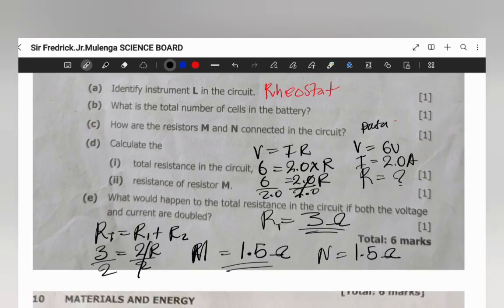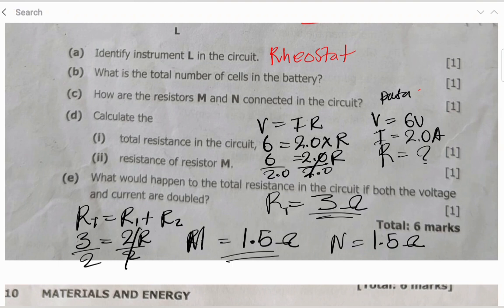Then the question: what would happen to the total resistance in the circuit if both the voltage and the current are doubled? Resistance depends on the ratio of voltage to current. So even if we double these two variables, the resistance will stay the same.